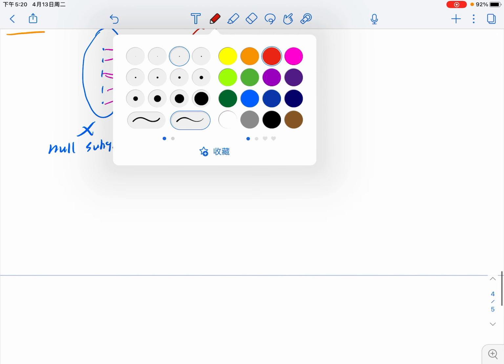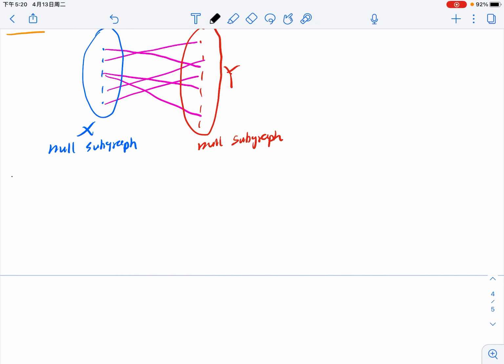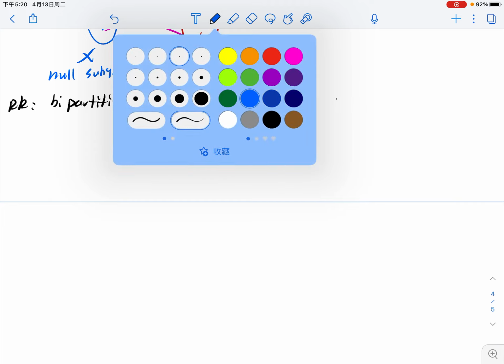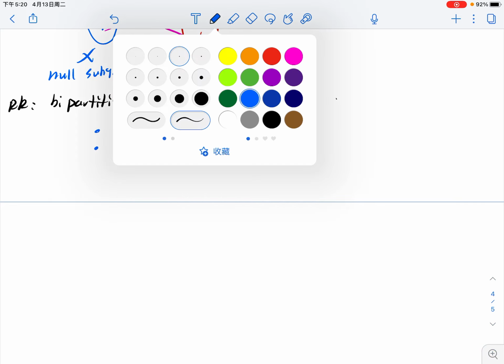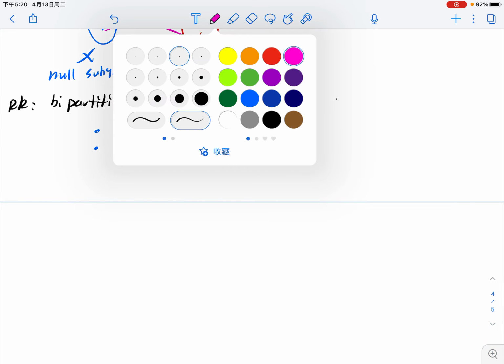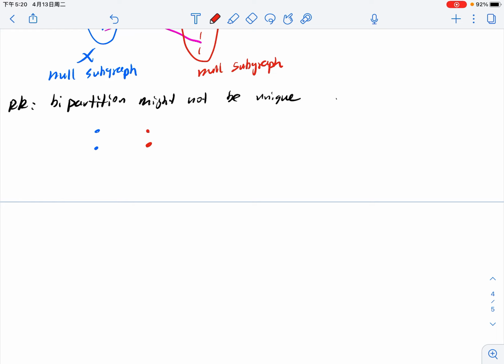Okay, and another remark is that the bipartition might not be unique. For example, if you have 2 points on the left, 2 points on the right, and you have connections like this, so you have a bipartition.